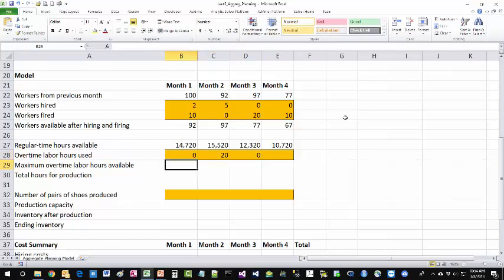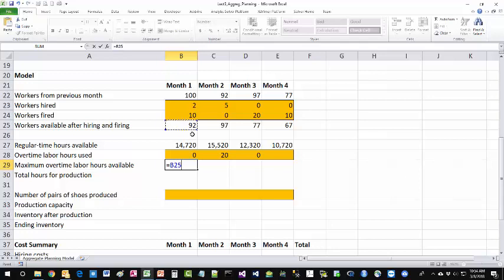So what that will allow us to then do is to calculate the maximum overtime labor hours available, which is then simply equal to the number of workers that are available, right?